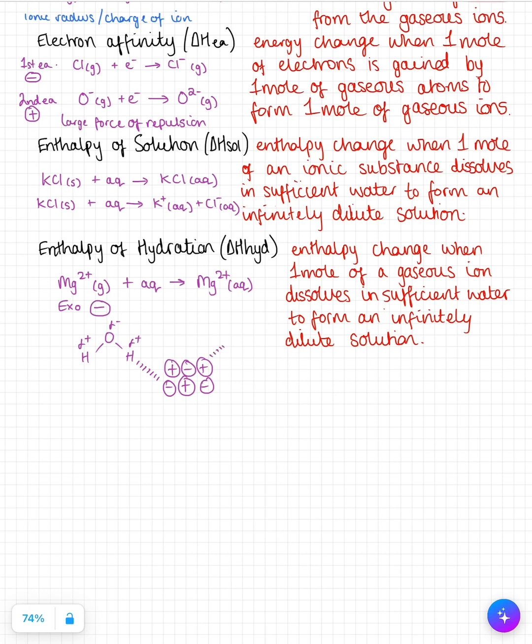That's also to say there is an attraction between the partially negative oxygen and your positive ion in the lattice. This interaction weakens the electrostatic attraction in the lattice, therefore breaking up the lattice.